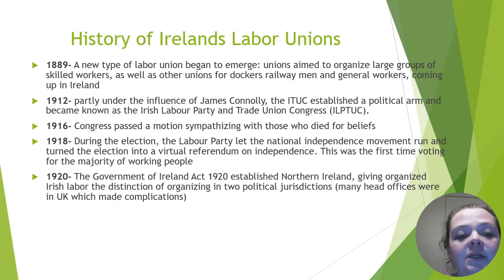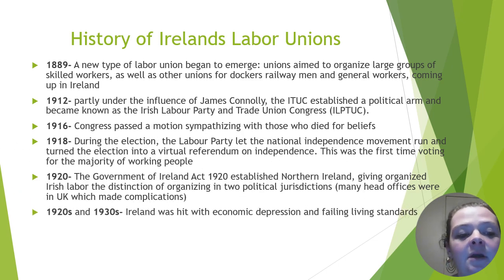In 1920, the Government of Ireland Act 1920 established Northern Ireland, giving organised Irish labour the distinction of organising in two political jurisdictions. This was a little complicated because so many of them had their head offices in the UK, but they were able to work in these different jurisdictions.